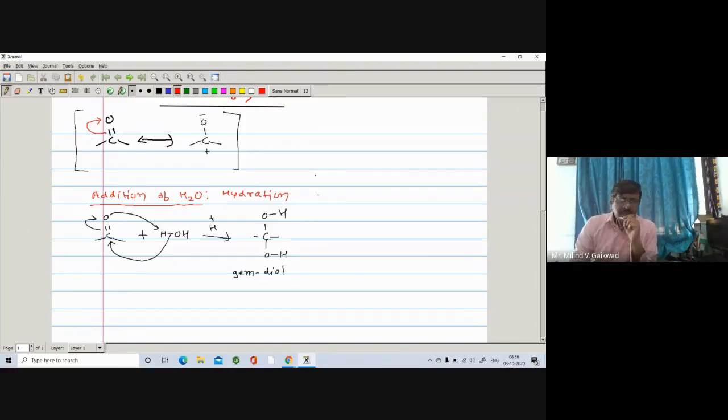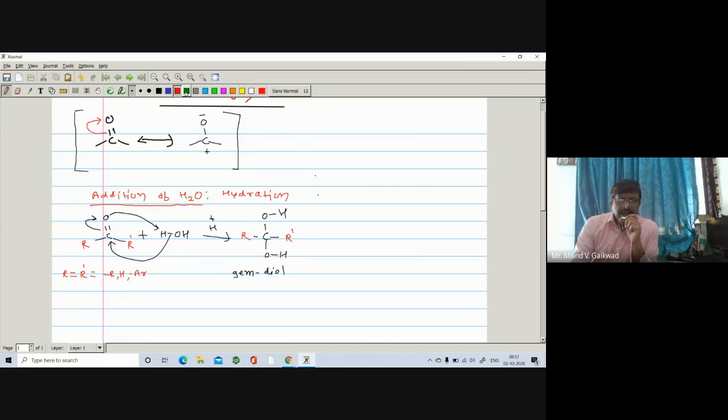For example, suppose you take here R and R dash. This R may be the same or different, and this R dash may be the same or different. It can be any alkyl group, or hydrogen, or an aryl group. Similarly you can write here R and R dash, and you get such an alcohol.